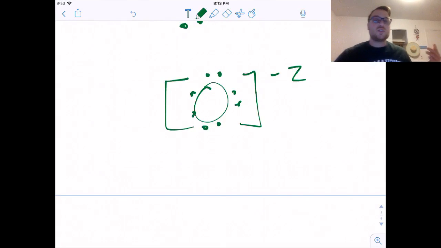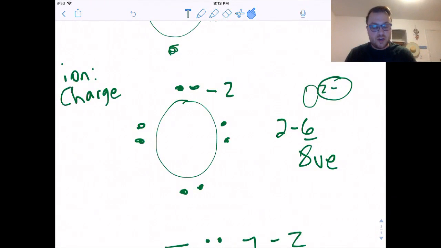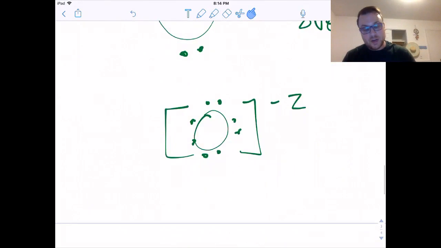So the reduced one is always gaining electrons from the one that's being oxidized, who's losing the electrons. So we put these brackets because when you draw ionic compounds, you usually show these brackets, and one atom will lose electrons and one atom will gain electrons. But as long as you put the charge and correctly show how many valence electrons it should have, you should be good.